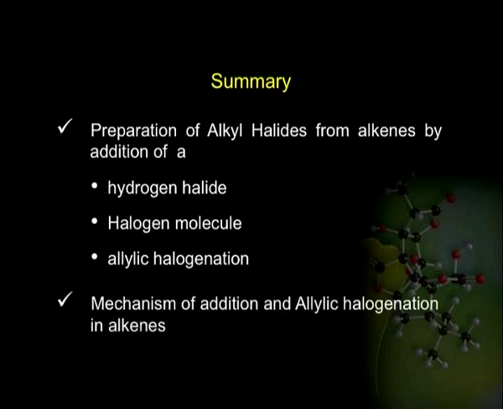And the mechanism of addition of the hydrogen halide and halogen molecule shows that hydrogen halide adds by a free radical mechanism, whereas halogen molecule takes place by electrophilic addition mechanism.